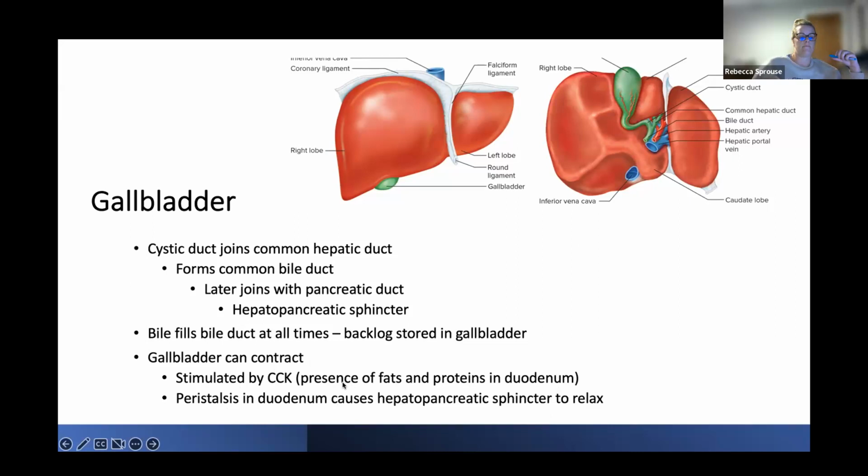And then peristalsis in the duodenum. So when the body recognizes that there's peristalsis going on in the duodenum, that wave-like movement, then the pancreatic sphincter relaxes and releases those components into the small intestine. So it's kind of like telling the gallbladder, hey, there's contents down here. We need to dump some stuff into it.